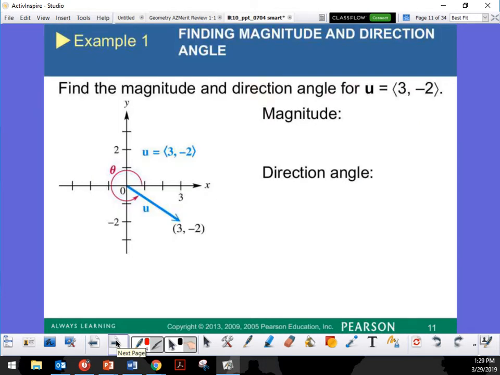Find the magnitude and direction for this one right here. Magnitude. What did I say magnitude is?